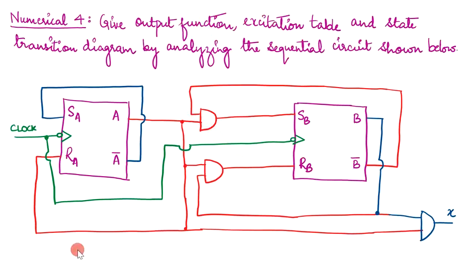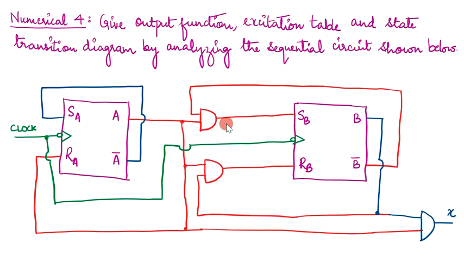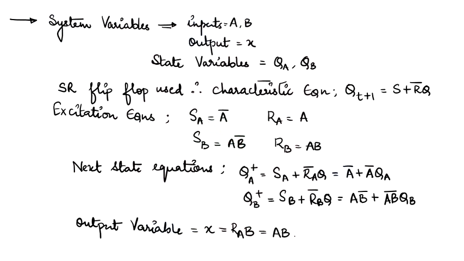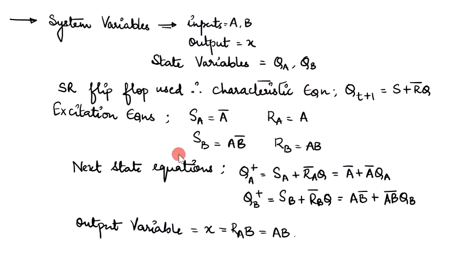Excitation equation RA will be equal to A bar A. Excitation equation SB will be equal to A into B bar, and excitation equation RB will be equal to A into B. Once the excitation equations are known from the circuit, you need to substitute and find out the next state equations.